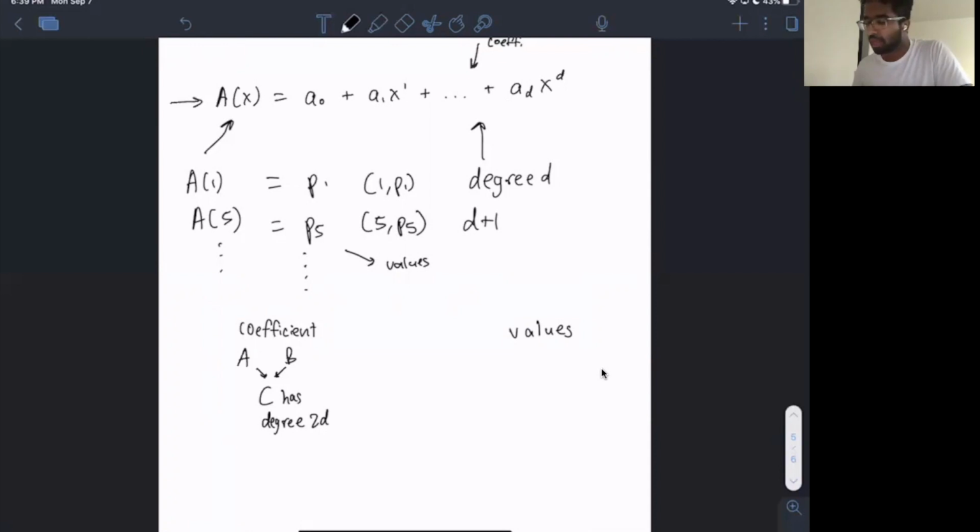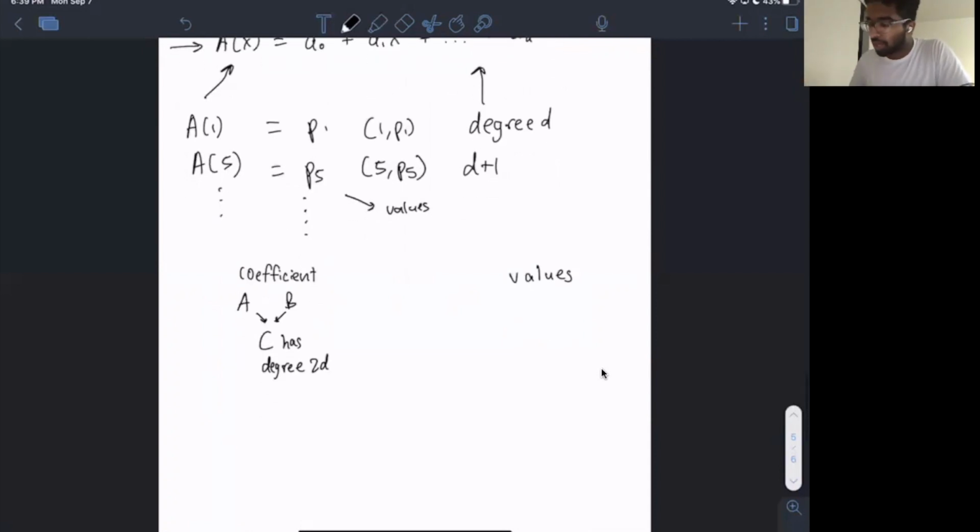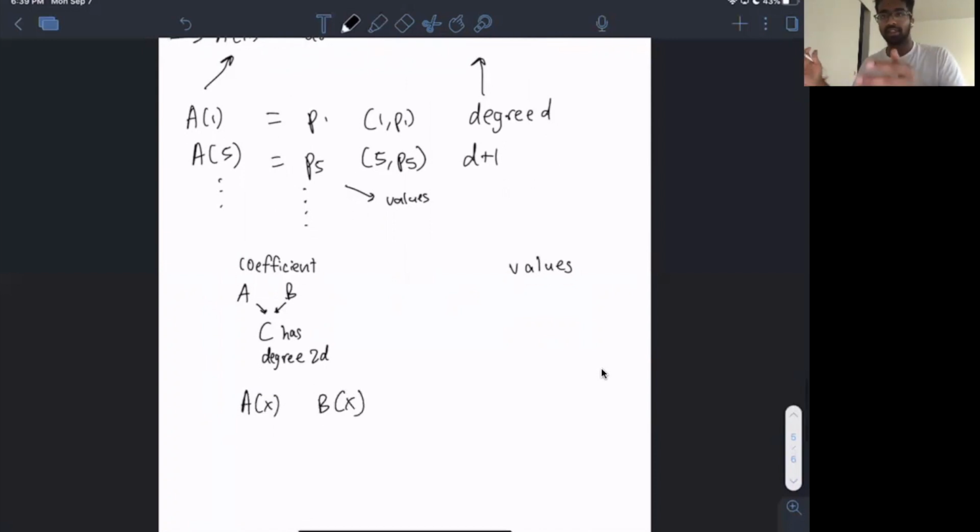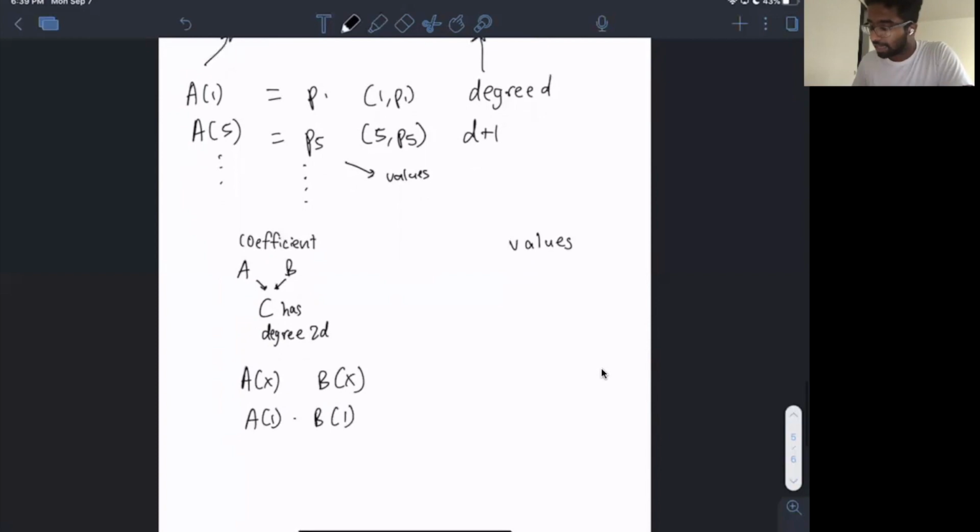The cool thing here is that since we know A of X and we know B of X, we can evaluate, let's take the random value of 1. We can evaluate A at 1, multiply it with B's evaluation at 1, and that's going to give us C's evaluation at 1.